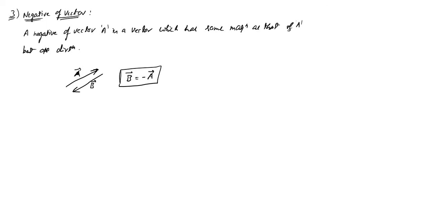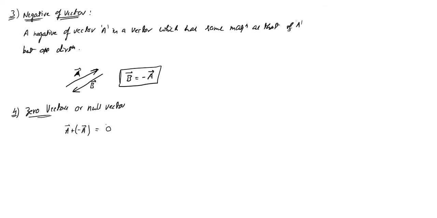So these were the three important definitions in vectors. There are a few more definitions. Let us say we have also defined the zero vector or null vector. What is the meaning of zero vector? When we add a vector and its negative vector, we get a null vector. So vector A plus minus vector A gives a null vector.